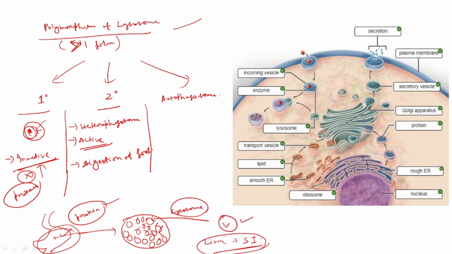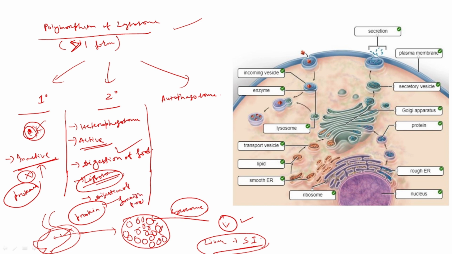That means inside the liver, small intestine and stomach, all the alimentary canal, those cells contain the lysosome more vigorously, because this lysosome helps in the digestion of the food. Another important function is that the lysosome also helps in the digestion of foreign particles.